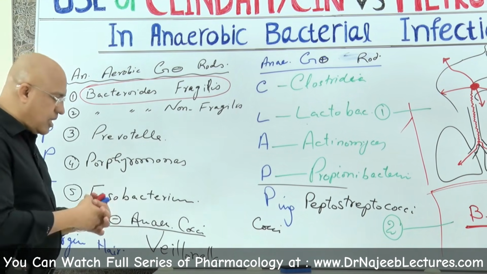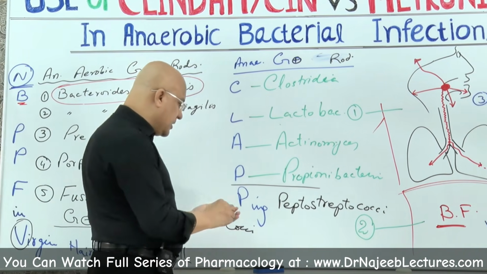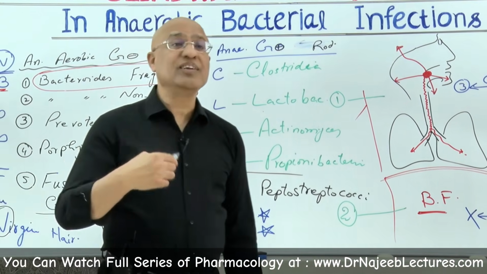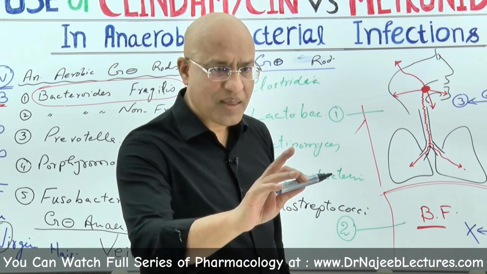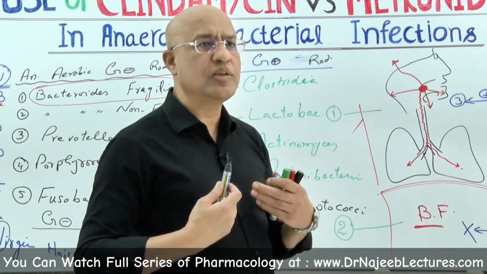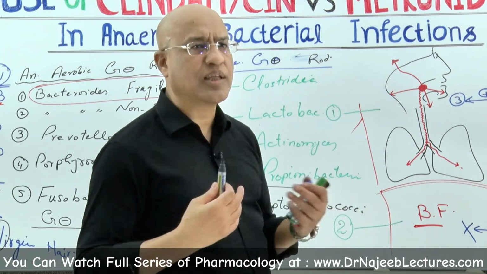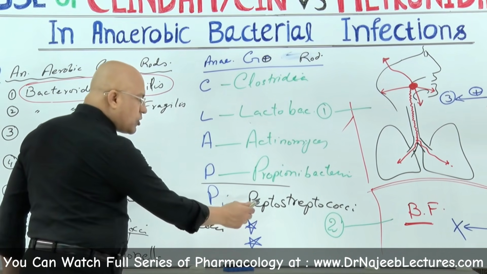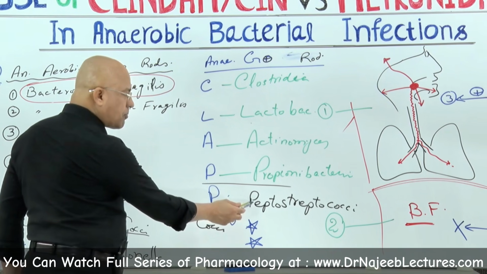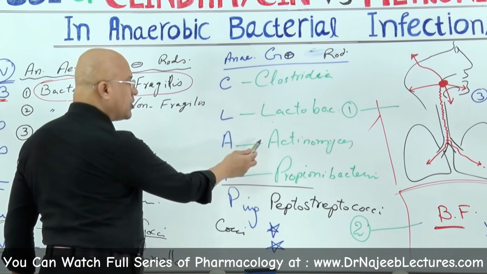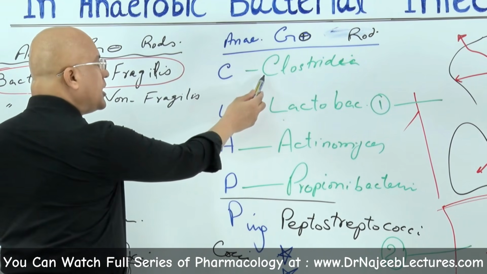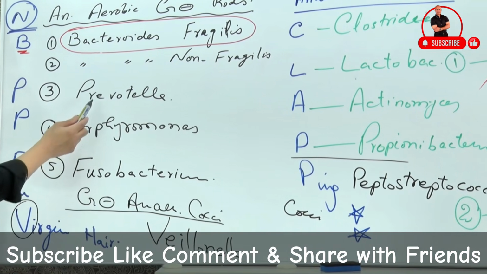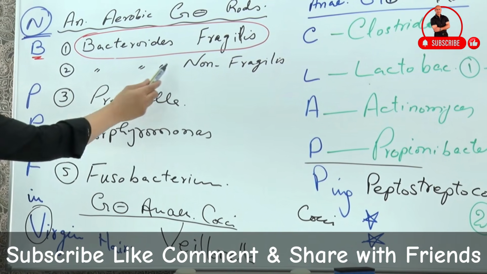All other organisms are there, but two special organisms are also very common in oropharyngeal microbiota, or in infections derived from oropharyngeal aspiration. When there is oropharyngeal aspiration, we say there is aspiration pneumonia, or empyema, or pulmonary abscesses, depending upon pathology. That not only has Peptostreptococci, Propionibacterium, Actinomyces, sometimes Lactobacilli, usually no Clostridia, but they do have Veillonella, Fusobacterium, Porphyromonas, Prevotella, Bacteroides non-fragilis.